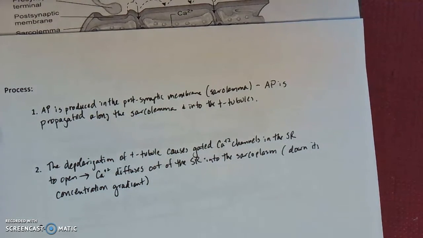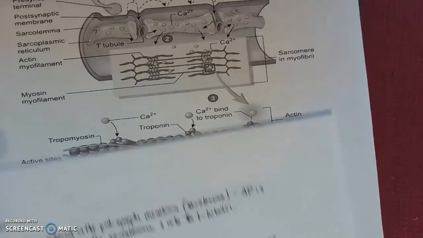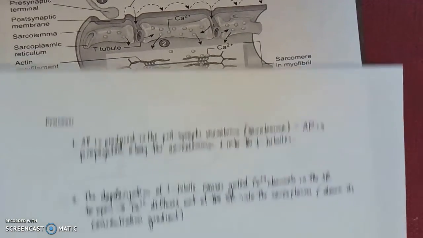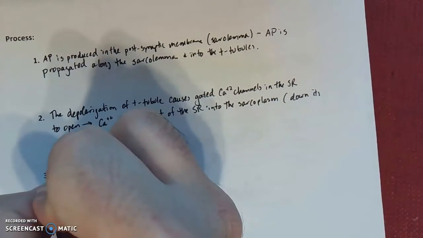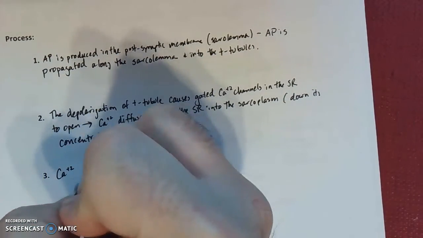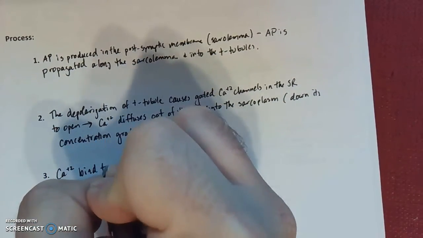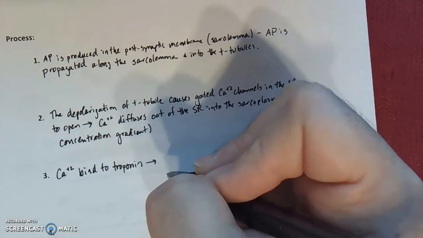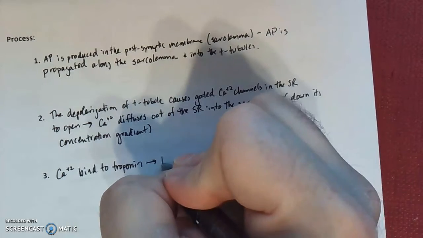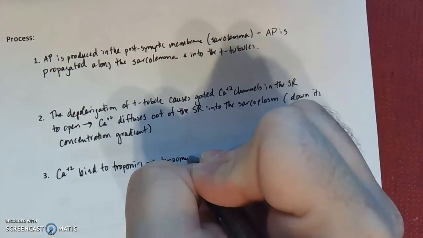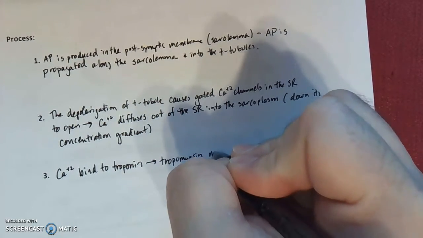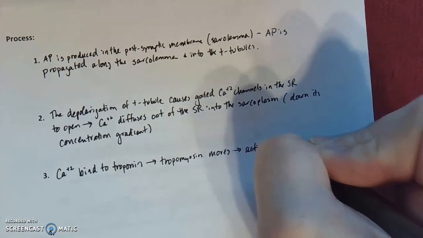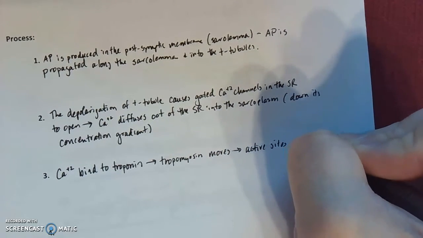So that is a process in which the calcium gets in there. And then 3 and 4 are going to be what we have been talking about. So the calcium ions bind to troponin, and tropomyosin moves, and active sites are exposed.